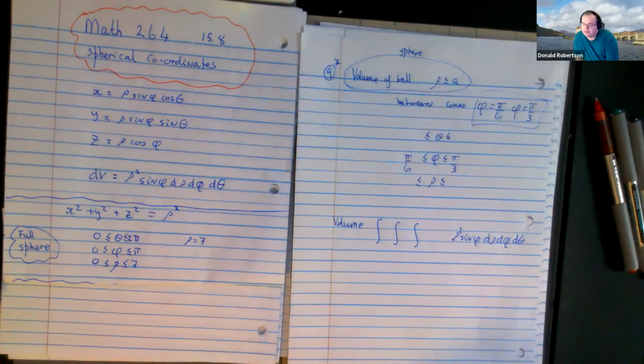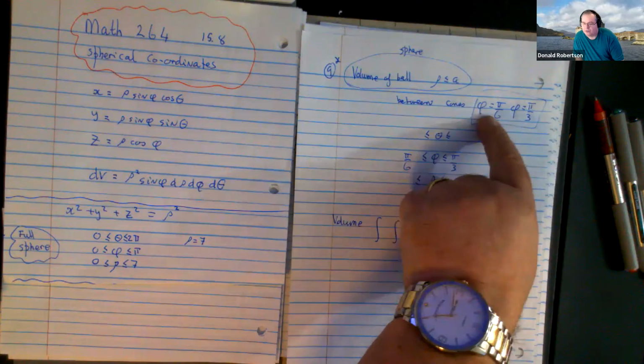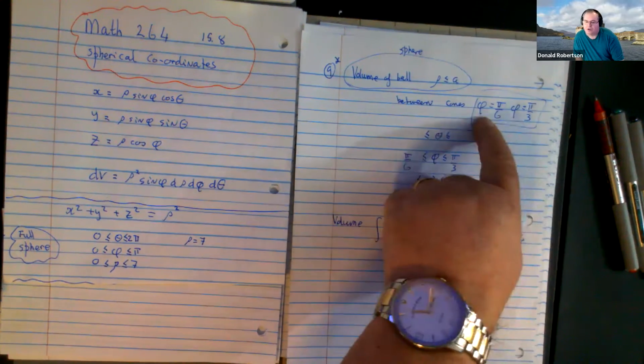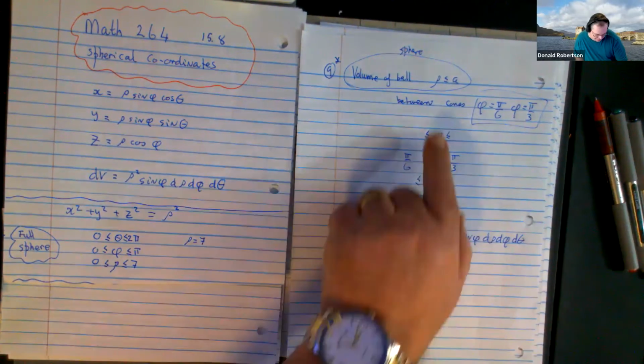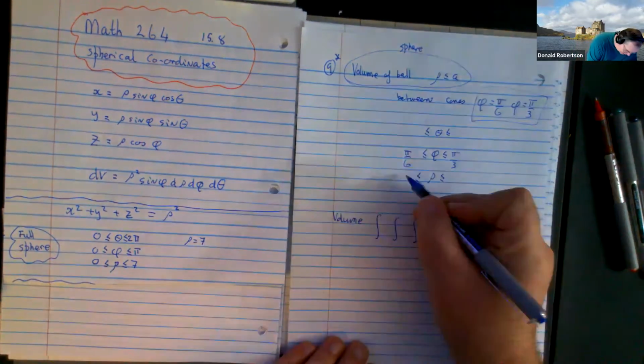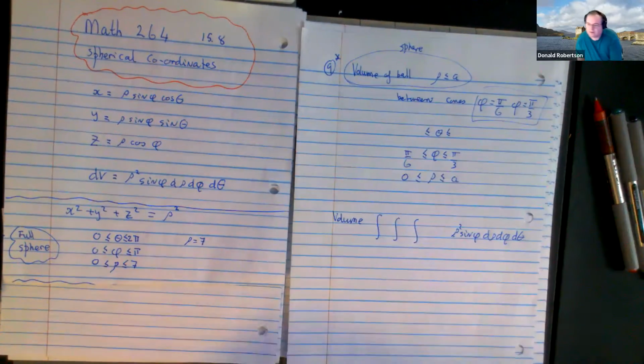You agree? If you tell me the cone is between this and that, you know the five fellas, small to big. Right, if it is a sphere, which they are calling a ball, and its radius is everything less than or equal to A, isn't that 0 to A?